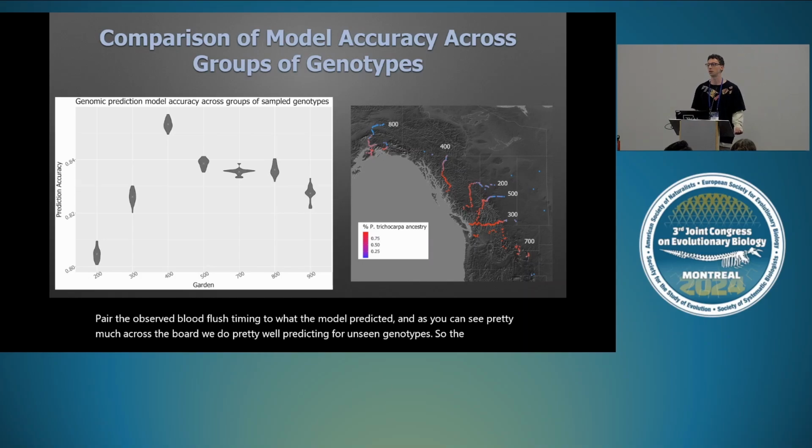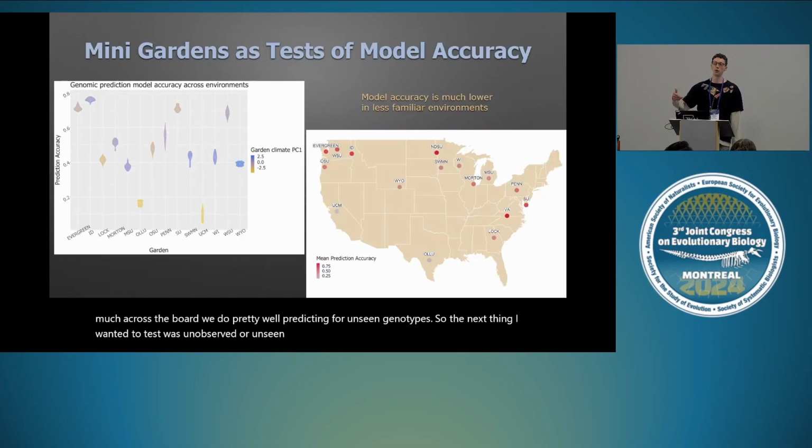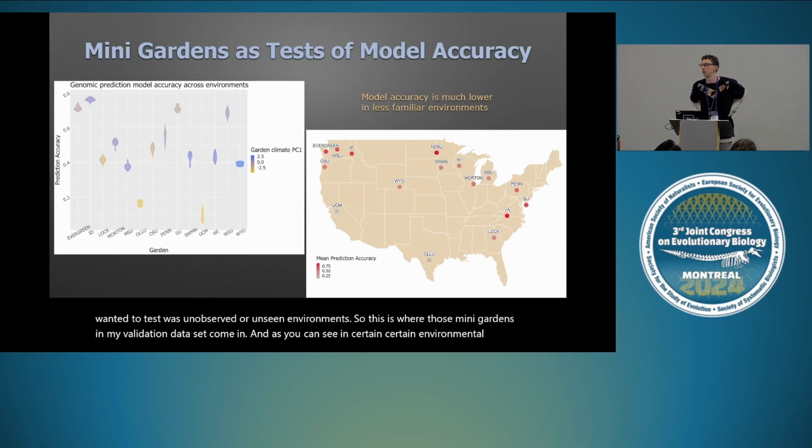So the next thing I wanted to test was unobserved or unseen environments. This is where those mini gardens in my validation data set come in. And as you can see, in certain environmental contexts, prediction accuracy absolutely plummets. That's generally in unfamiliar environments.